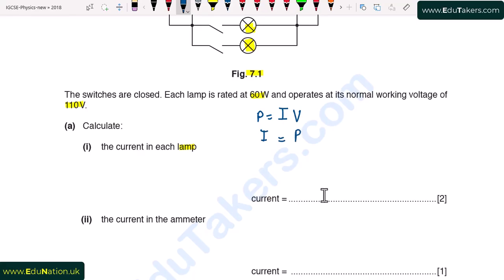It will be equal to P over V. It is given that each lamp is rated at 60 watt, meaning power is 60 watt, divided by voltage. Each lamp operates at its normal working voltage of 110. This 110 volt is for each of the lamps. So I divide by 110 and the value of current comes to be 0.55 ampere. I write current is equal to 0.55 ampere.